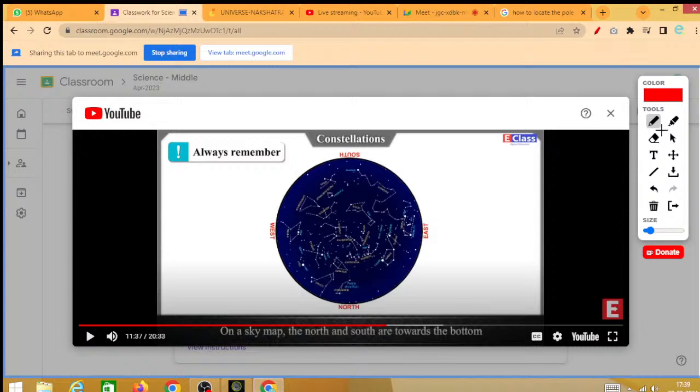Now, normally when we make the earth, where do we put the north and the south? Supposing this is the earth, where is the north? Upwards. North, south, right? But in the sky map, where have they shown it? Below. So it is the opposite here.